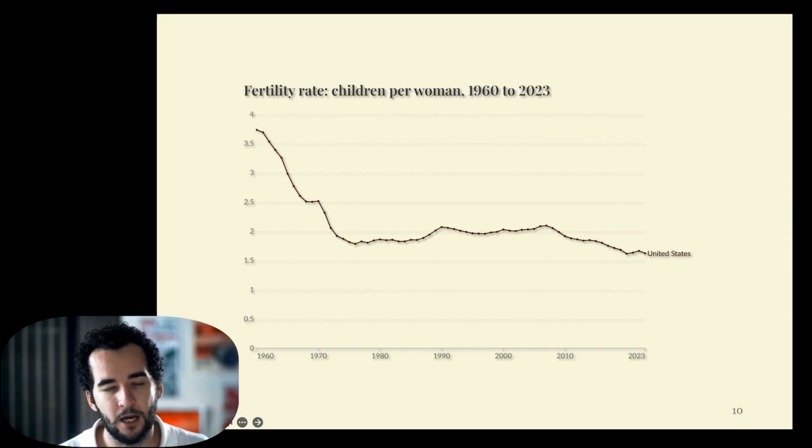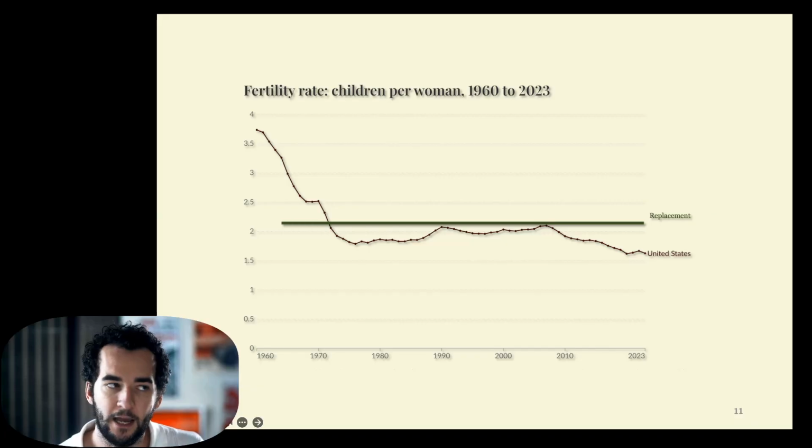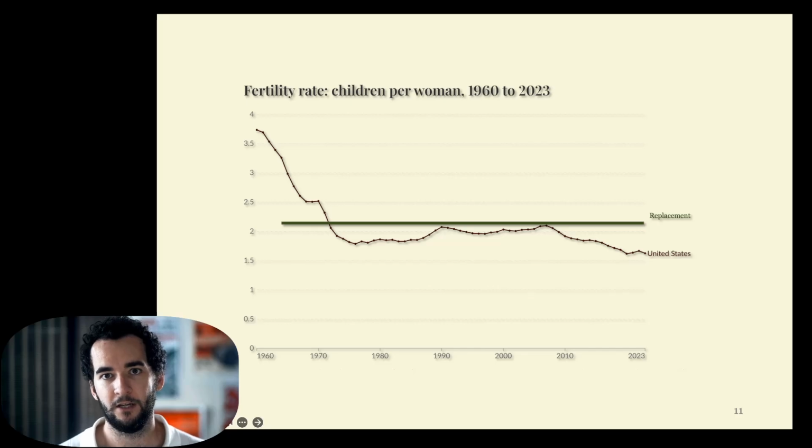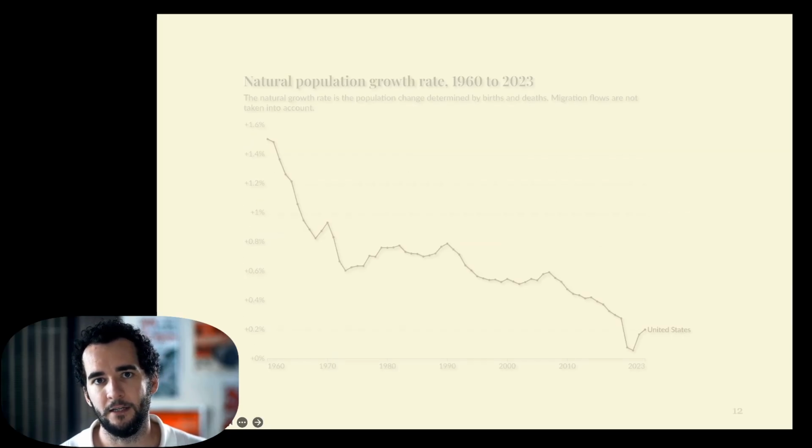And that is because the fertility rate, how many children are had per woman, has been falling since the 1960s. And it fell below replacement levels, the level of fertility needed to maintain a population. It has fallen below those levels since the early 1970s.